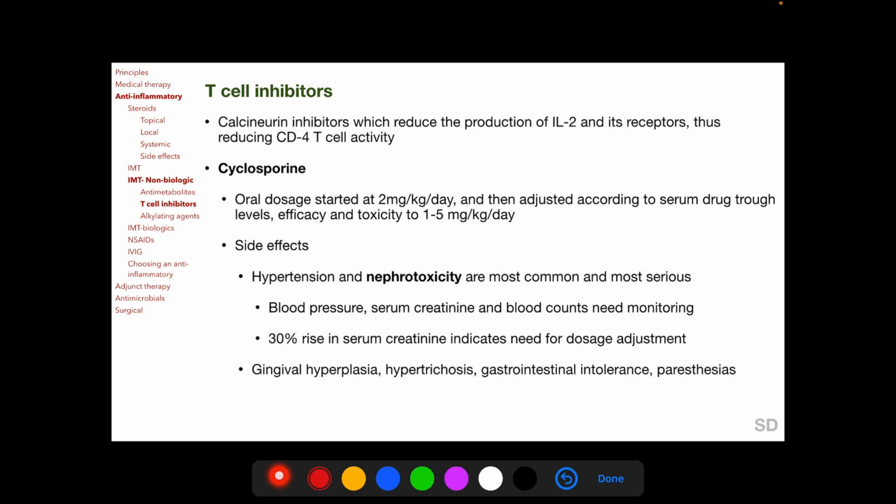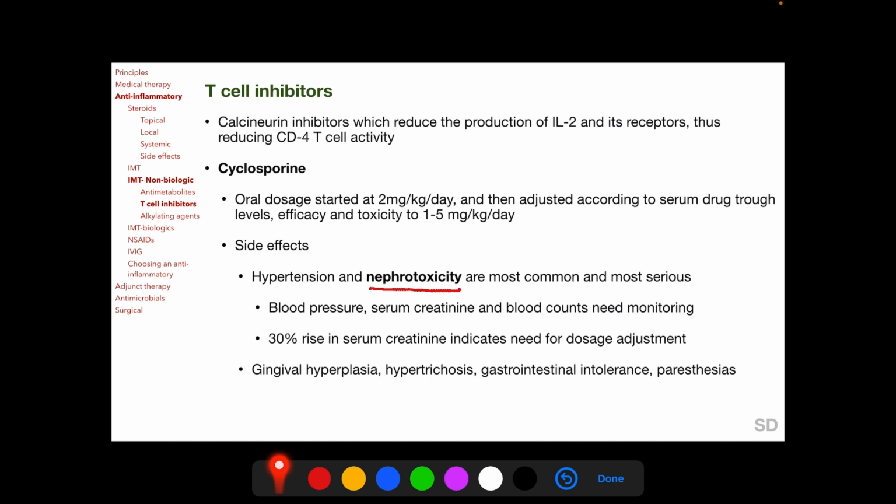Side effects of cyclosporine include hypertension and nephrotoxicity, and these are the most common and most serious toxicity of cyclosporine. And so cyclosporine therapy requires monitoring of blood pressure, serum creatinine and blood counts, and a 30% rise in serum creatinine indicates need for either dosage adjustment or drug withdrawal.